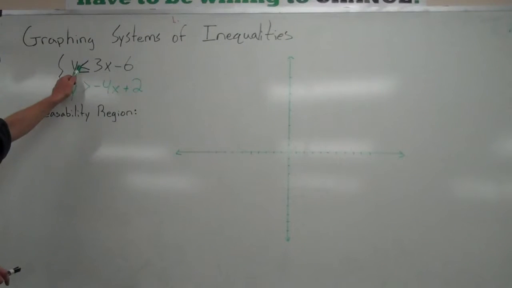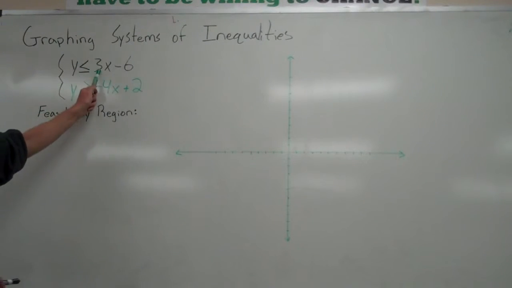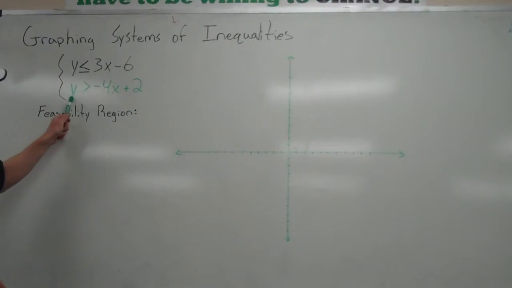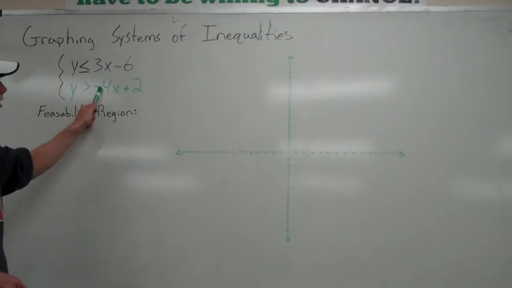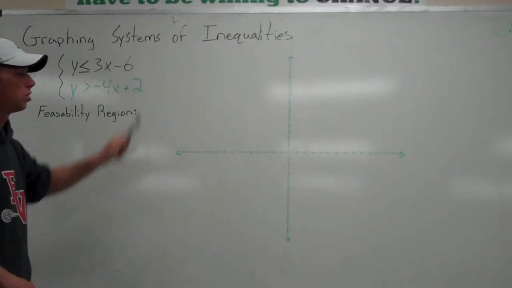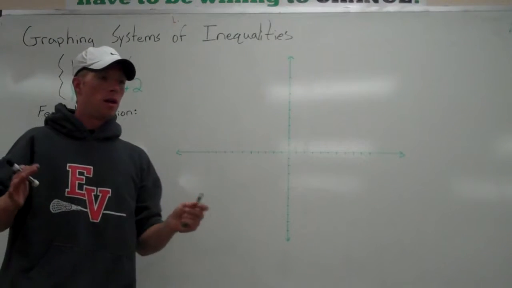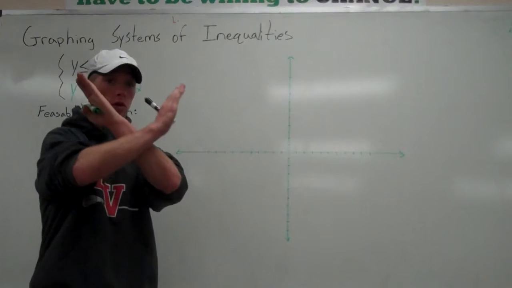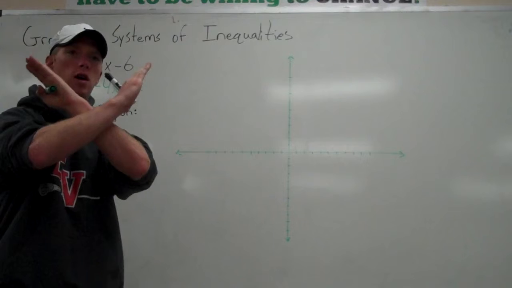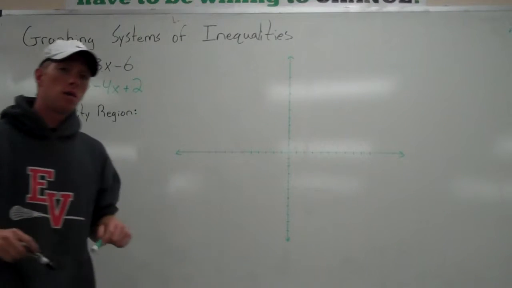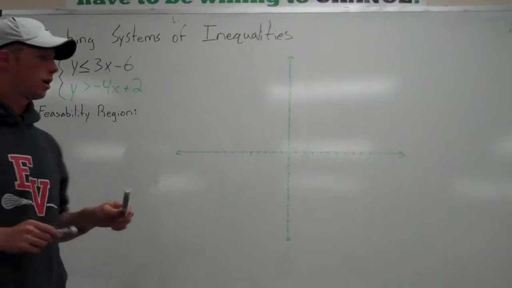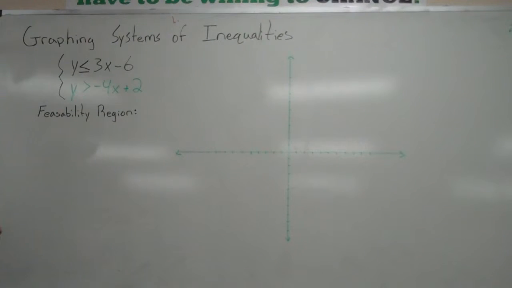Here we have y is less than or equal to 3x minus 6, and y is greater than negative 4x plus 2. Now when we were graphing systems of equations, we were looking for the point where those two lines cross, so where my arms are meeting here. Now, it's a little bit different here. What we're looking for is called the feasibility region.